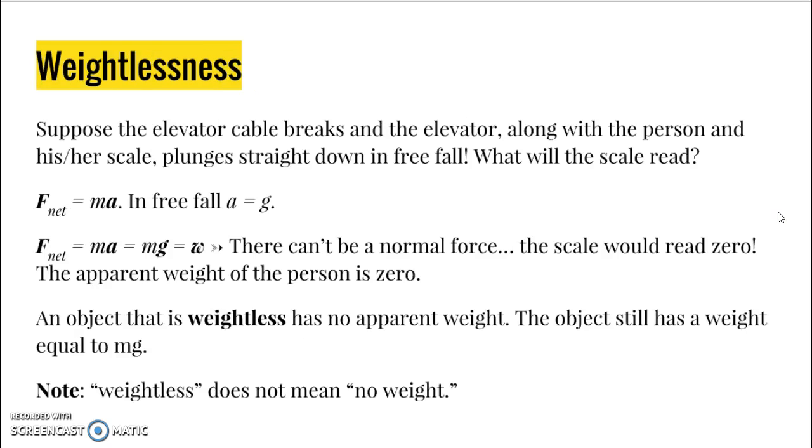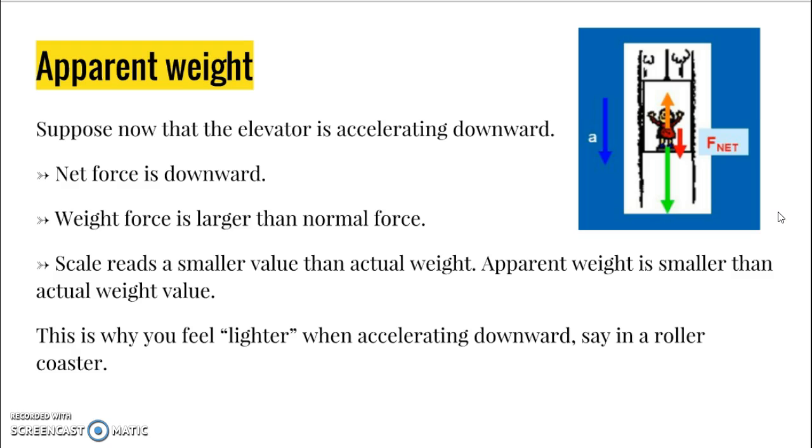So let's say we're in this elevator and the cable breaks. Don't worry, there's a safe way to decelerate at the end so the person doesn't get hurt. So now this elevator is in free fall, right? So what will the scale read when we're in free fall? One way to think about this is looking at our previous slide and thinking about limits, right?